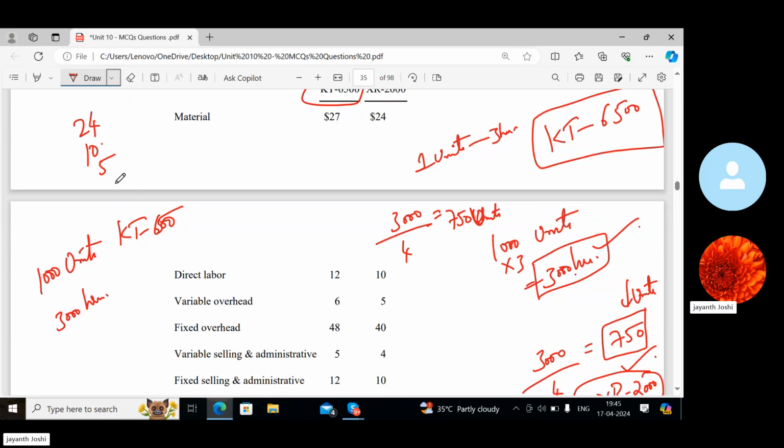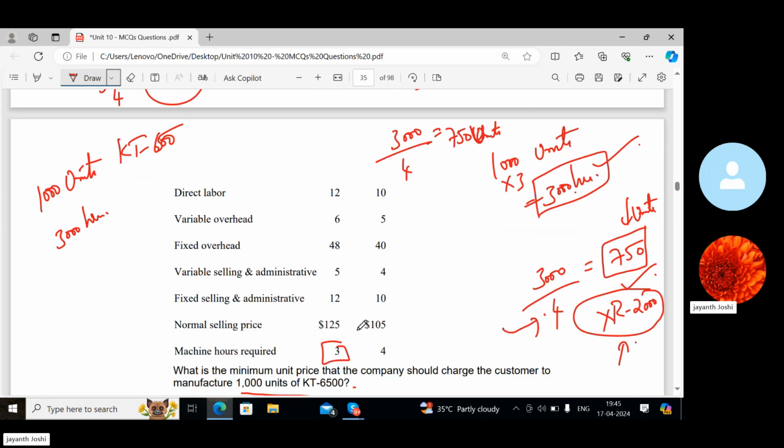Four of variable and administrative overhead. How much? 43. This is the variable cost they usually incur to make XR 2000. So what is the selling price they are quoting? 105, right?